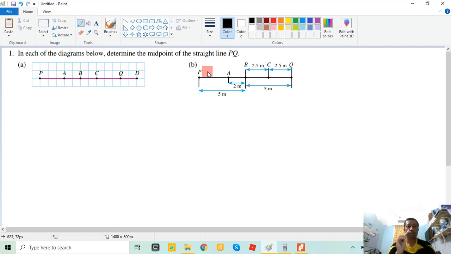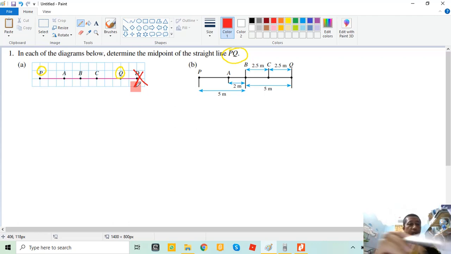So remember, the first part is PQ. We want PQ, not AB, not AC, not PD. No, we want PQ. So highlight the PQ first. This is P, this is Q. So do not look on D. Ignore D. Okay, so PQ.